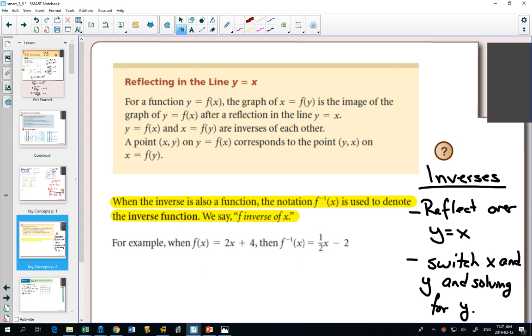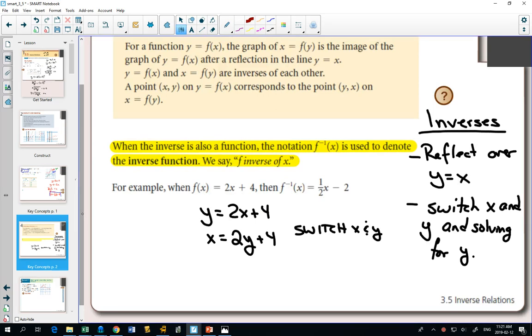What does that look like? Well, if my original equation was 2x plus 4, and I switched x and y, I would get x equals 2y plus 4. If I then solve for y, I would get x minus 4 equals 2y.